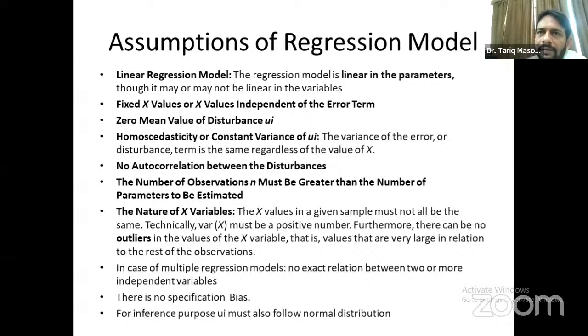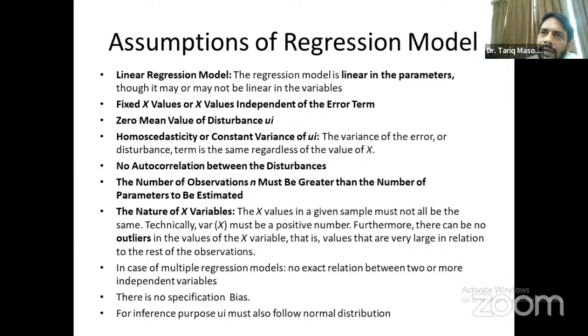So Ui is something different from X. Ui accommodates other factors other than X. So there should not be any correlation between X and U. If there is correlation, that means X itself is an endogenous variable, because Ui is a part of Y and there is correlation between X and U. So indirectly there is a correlation between X and Y. So X itself is an endogenous variable and we cannot write a single equation.